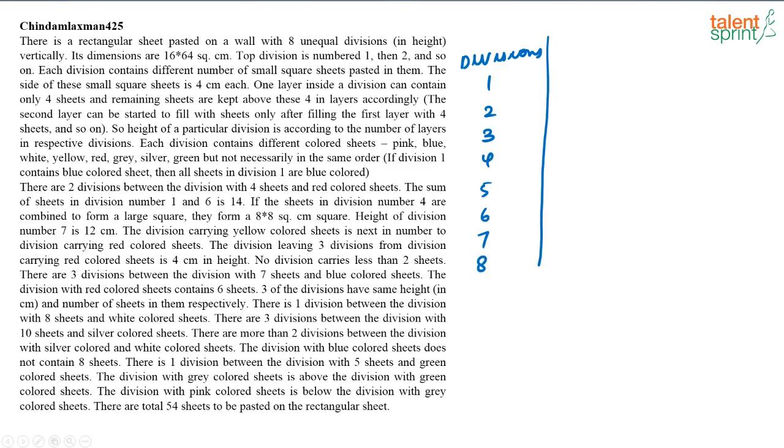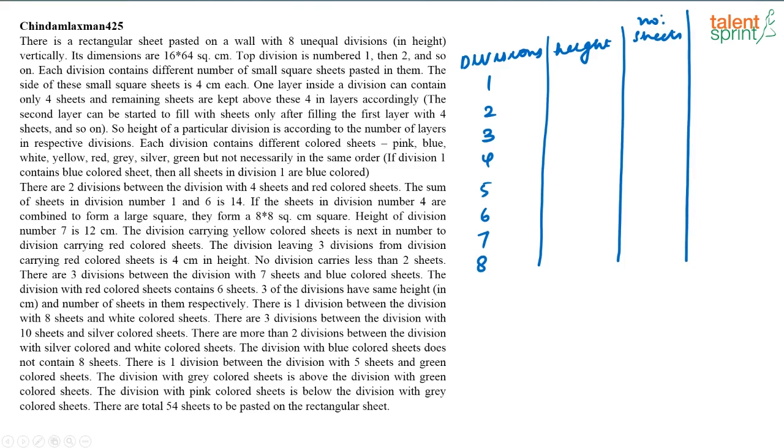Now other than divisions, what do I have? I have to find out the height of each division, and I need to know how many sheets are used in each division. For example, if I have a division where I have 7 sheets, layer wise I have the same 2 layers, but I have 7 sheets here.